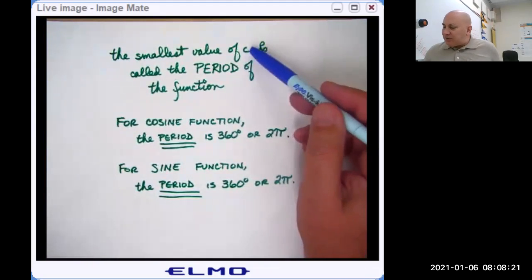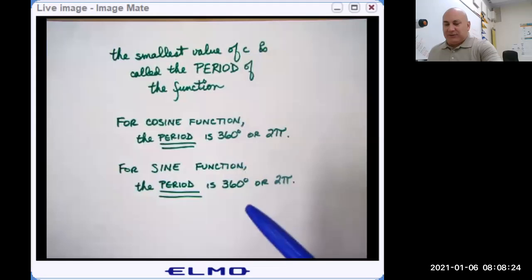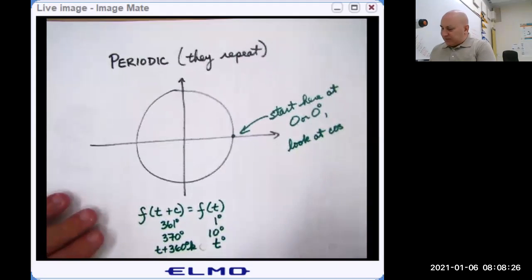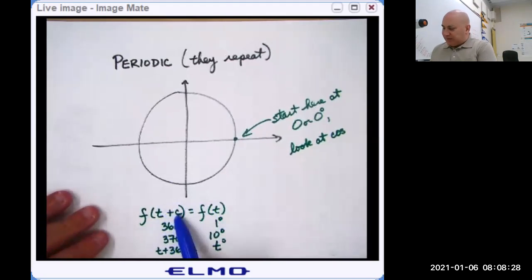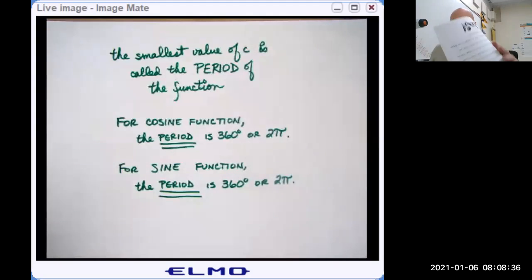But the smallest period, if you go back to here, what is the smallest value of c such that this will always be true? And that's called the period of the function. In this case, it's 360 degrees or 2 pi.